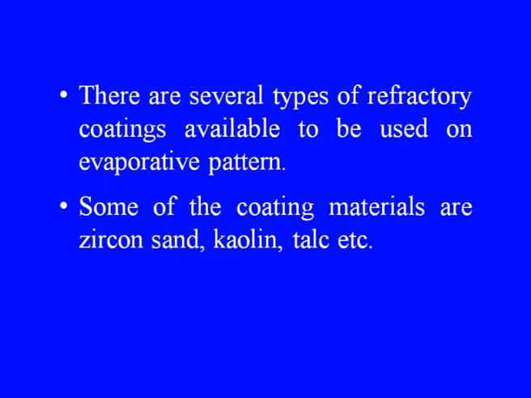There are several types of refractory coatings available to be used on evaporative pattern. Some of the coating materials are zircon sand, kaolin, talc, etc. The coating generally recommended in case of cast iron is iron powder, as it prevents the metal penetration.